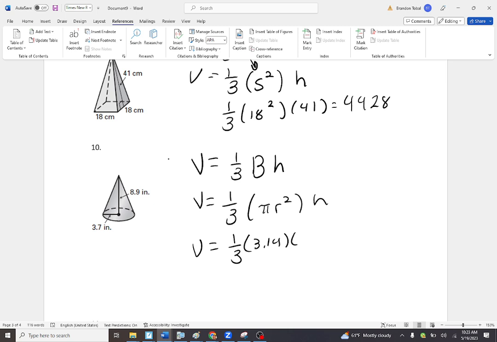3.7. The radius in this picture is 3.7. That's the one inside the circle. So 3.7 squared, times the 3D height. So it's coming up at 8.9.